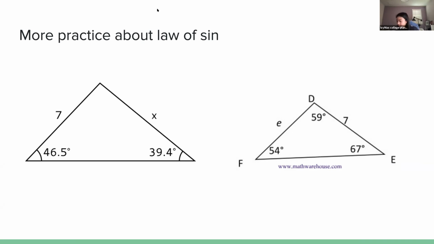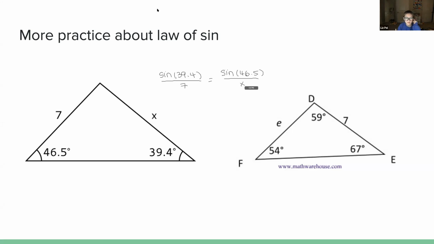Okay, guys, let's do these two problems. If you have a calculator, get it ready. First, we set up the equation for law of sines. It will be sine of 39.4 over 7 equals sine of 46.5 over x.